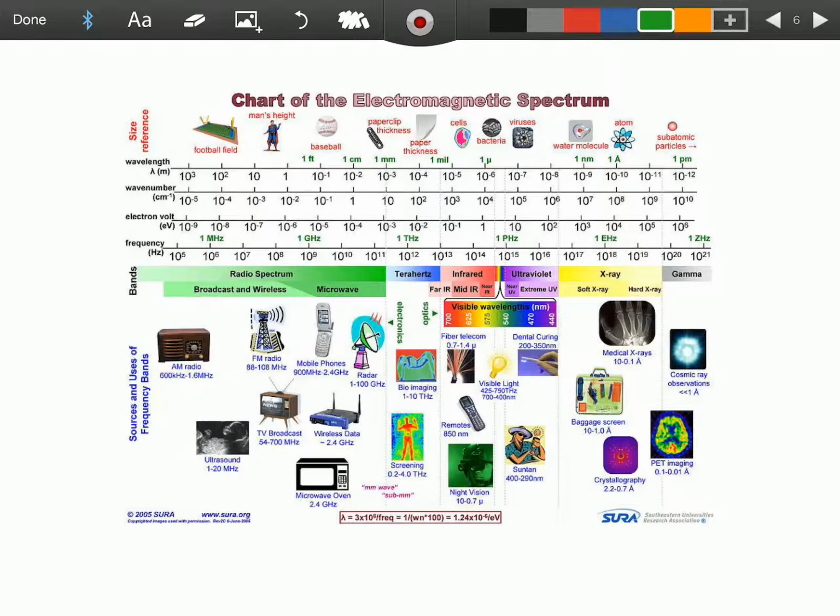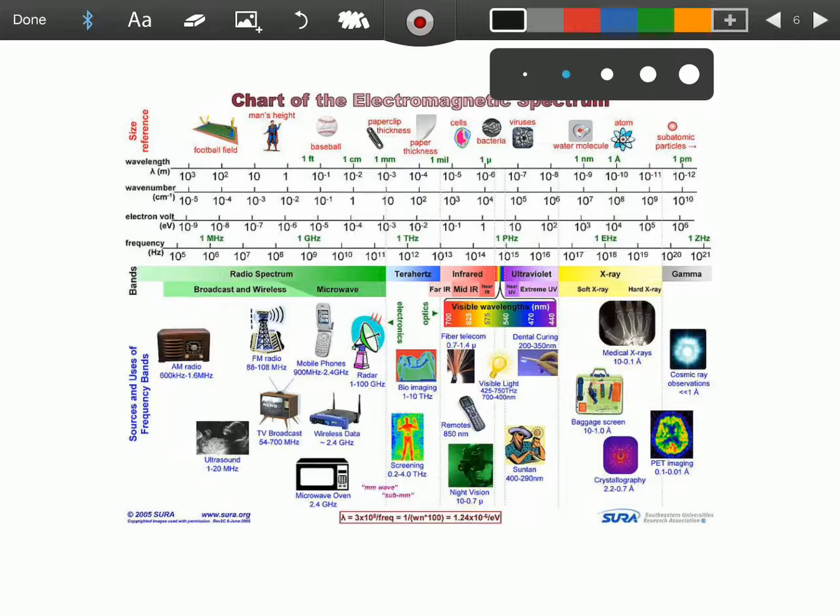So we have all these different types of light. What are they used for? I like this chart, and so you can spend some time if you want to looking over this, but it gives some characteristics of the size. So for example, you can see here's the visible sliver right here, and visible light is about the size of bacteria, right?